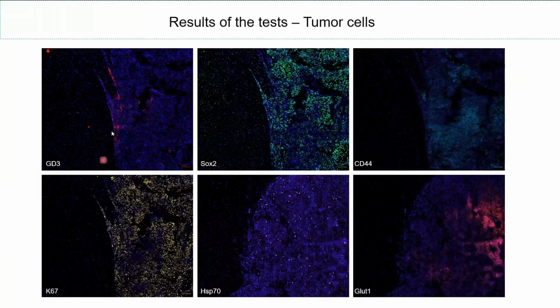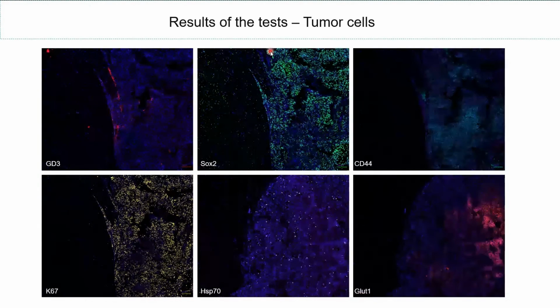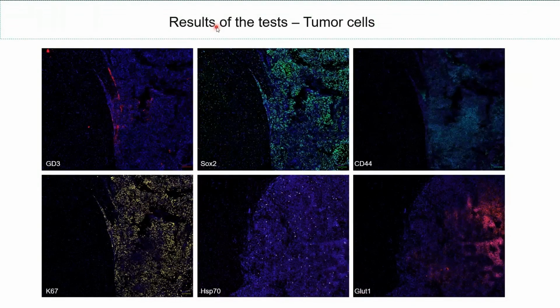And here I present results about the tumor cells. We used several markers to identify the tumor cells, the proliferating cells, the stem cells, the hypoxia.